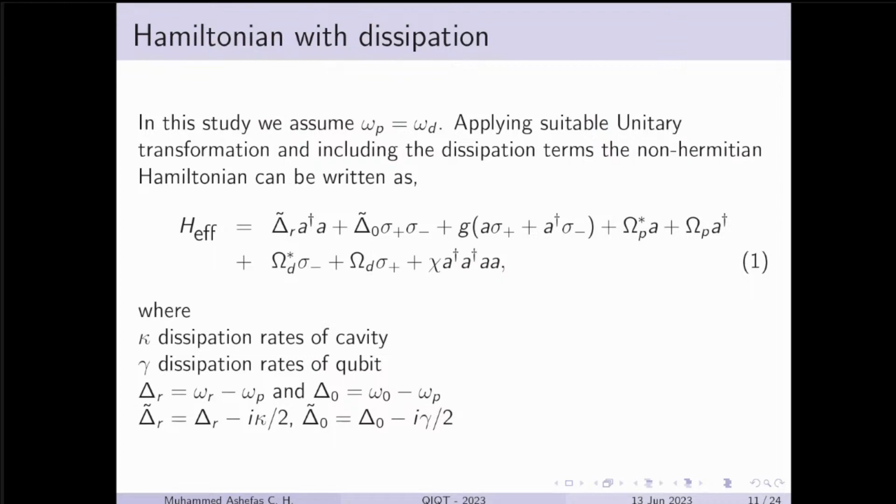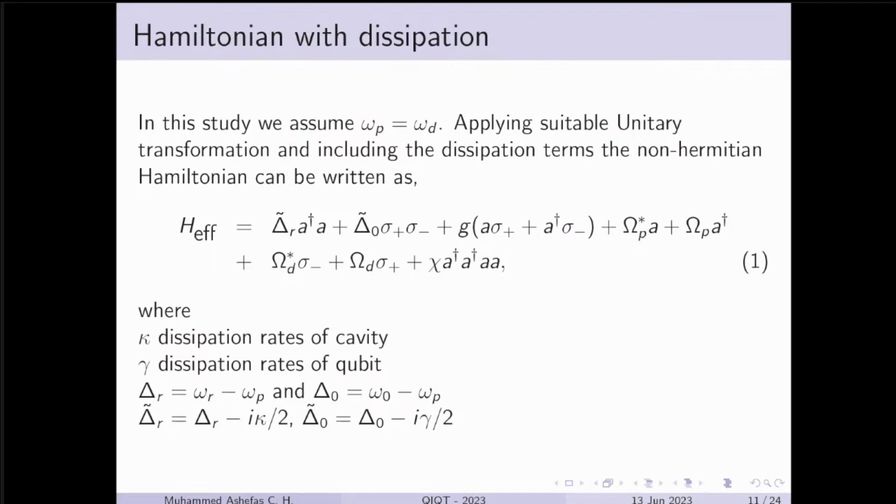And delta 0 tilde is delta 0 minus i gamma by 2, where gamma is the dissipation rate of the qubit. Delta r and delta 0 are detunings, mentioned here. Delta r is omega r minus omega p, the detuning between the cavity field and the cavity pump. And delta 0 is the detuning between the atomic transition and the atomic pump.